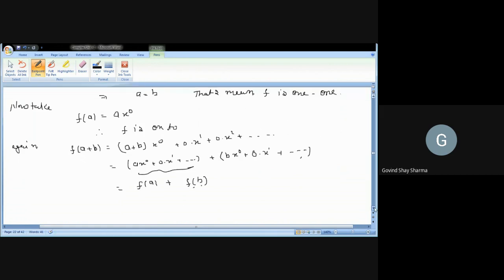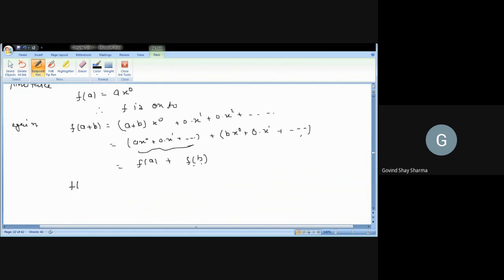So we get f(a plus b) equal to f(a) plus f(b). Now for multiplication.